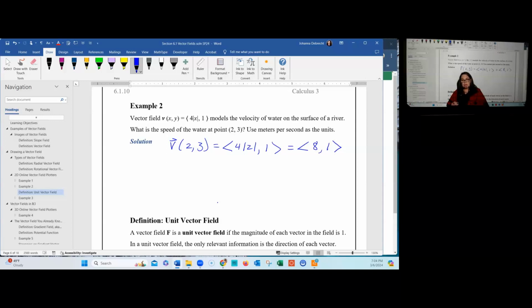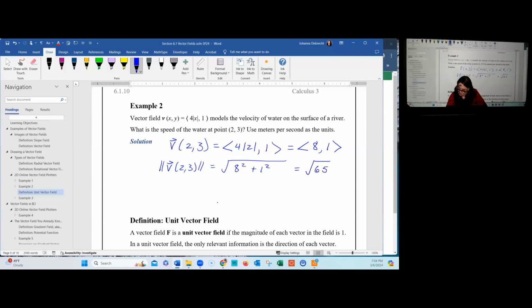To get the speed, of course, we don't include direction. Speed is simply magnitude. So we find the magnitude of the vector, which represents the speed of the water at that particular point. We find that by squaring each component, adding them together, and then taking the square root.